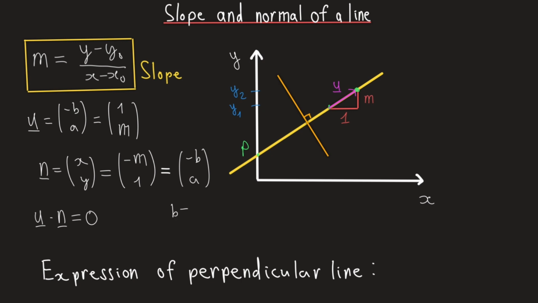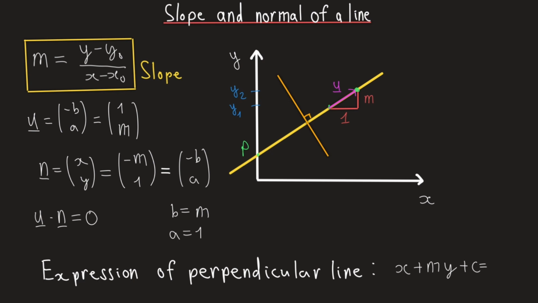And therefore we have that b equals m and a equals 1. And therefore we can write the expression of the perpendicular line in terms of the Cartesian equation, which will be ax plus by plus c equals 0, and therefore x plus my plus c equals 0.